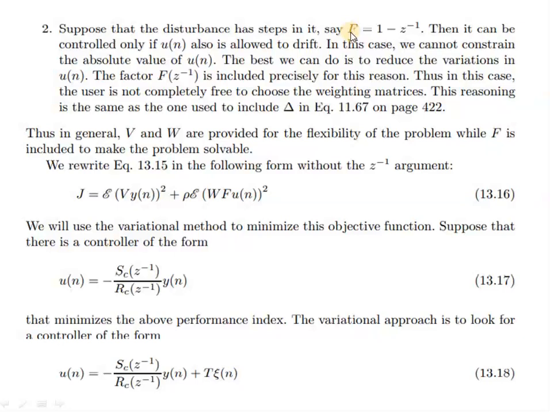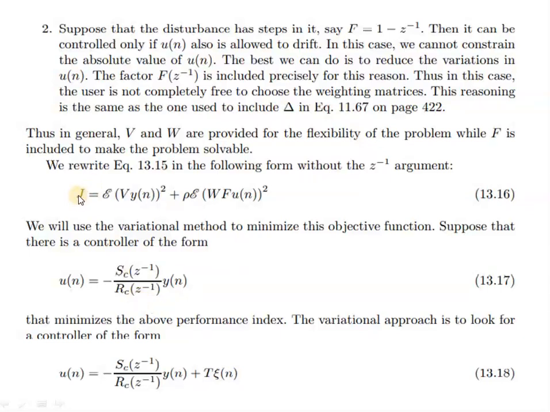That's why we have used F equal to 1 minus z^-1, as F denotes the noise term. We can't control the absolute value of u(n), so we put the constraint on delta u(n) instead of u(n). From this discussion, V and W are provided for flexibility in solving the performance index, and F is used to make the problem simple.